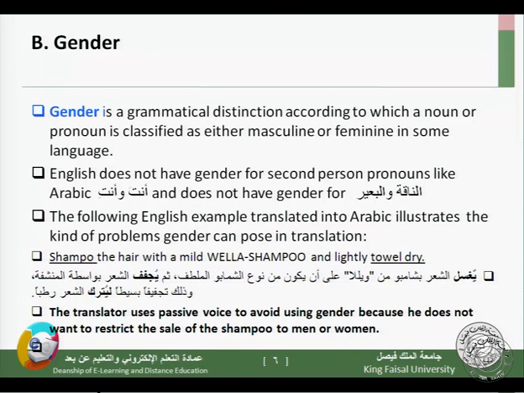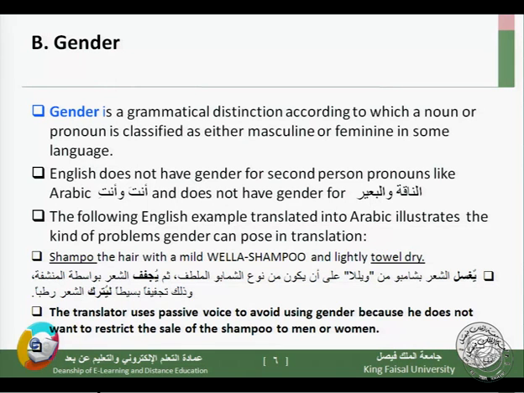When you say Batul, it means a female. You Ahmad is a good student. But in Arabic, أنت يا أحمد طالب مجتهد. أنت يا بتول طالبة مجتهدة. You see the difference. So gender is very important.